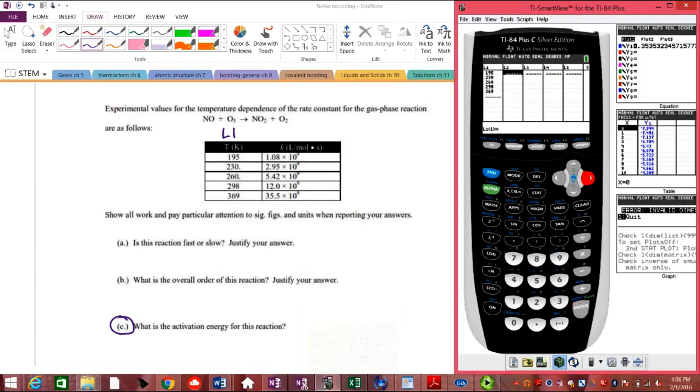So in list 2, 9.08 times 10 to the 9th, 2.95 times 10 to the 9th, 5.42 times 10 to the 9th, 12.0 times 10 to the 9th.